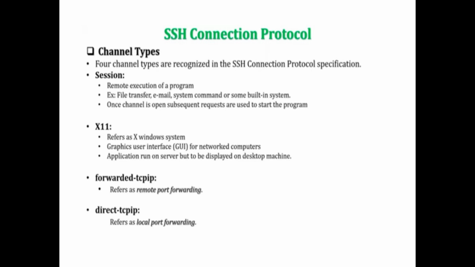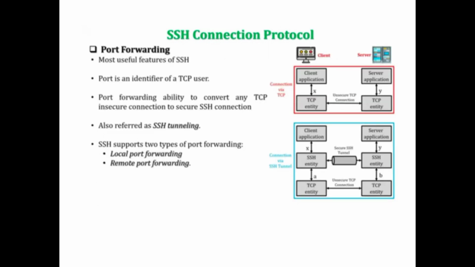X11 refers to the X Window System, a graphical user interface for network computers, where applications run on the server but are displayed on the desktop machine. Forwarded TCP/IP refers to remote port forwarding. Direct TCP/IP refers to local port forwarding.